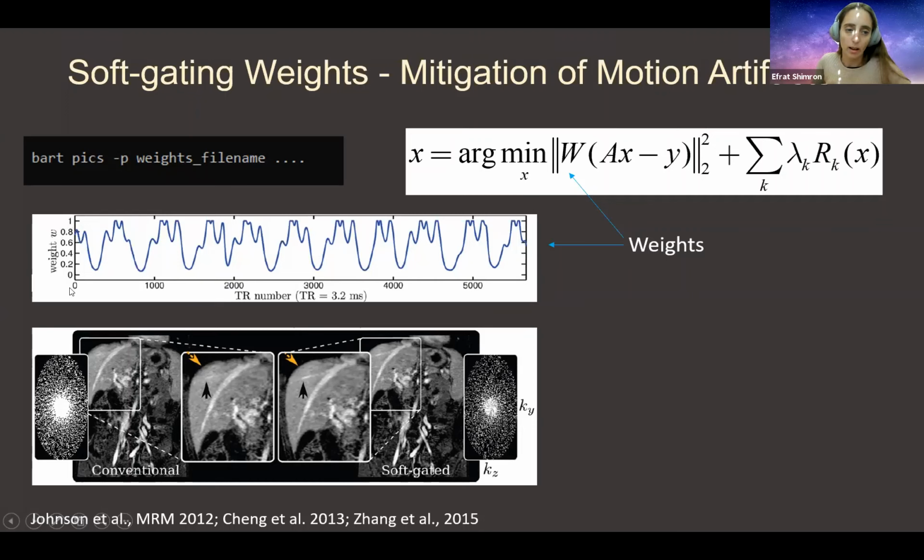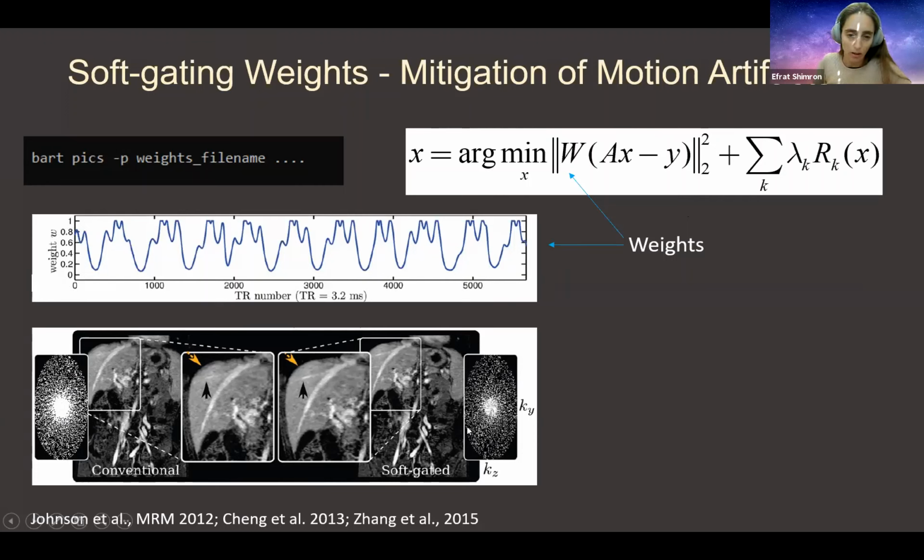Soft means that the weights have values between 0 and 1, and this means that we can weigh down k-space data that we know from respiratory data is corrupted. So in order to mitigate motion artifacts, we will use the weights to weigh down some of the k-space data. You can see here, for example, how this affects the reconstruction. So this is the conventional reconstruction. We have k-space data, and we obtain this reconstruction from it.